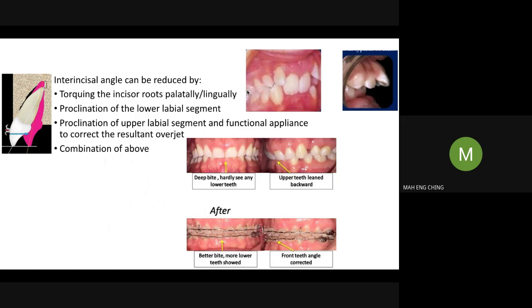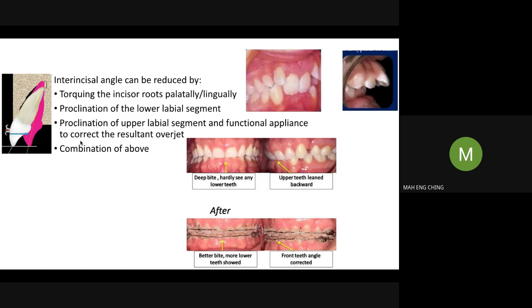It means we align the upper teeth, making the incisors stick out even further. Once you convert this class 2 division 2 to class 2 division 1, then after that, you can use a functional appliance or twin block to bring the upper incisors back. So you convert this, make the overjet worse, and later you bring it back with functional appliances.